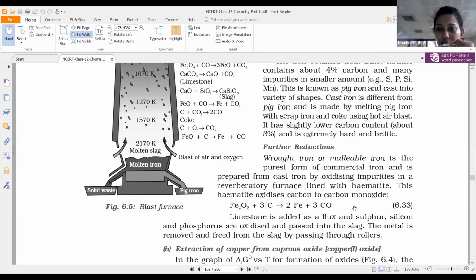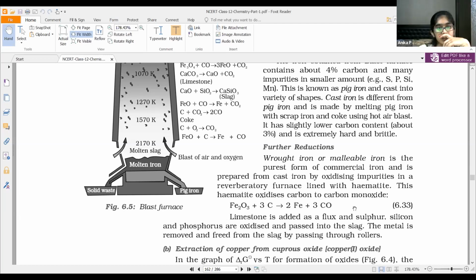That wrought iron shows almost all metallic character. You can make a wire, you can make a sheet. Students, this completes the metallurgy chapter. Then practice the workbook problems.